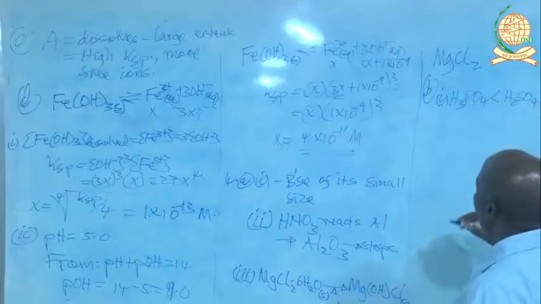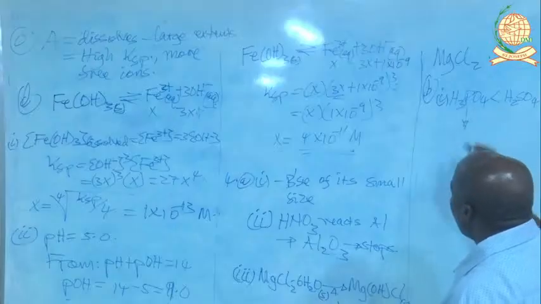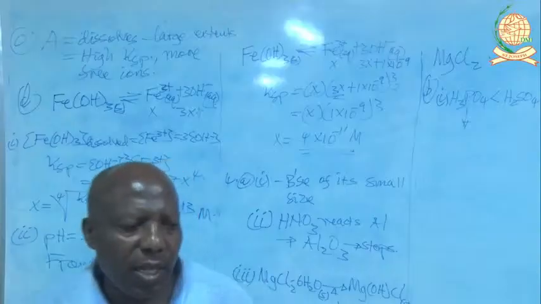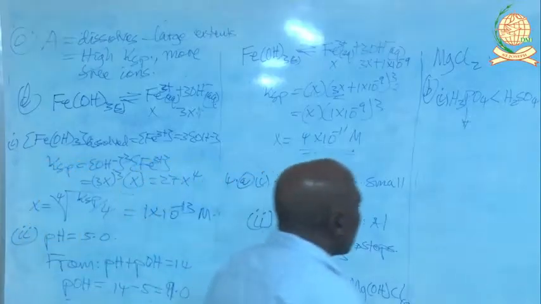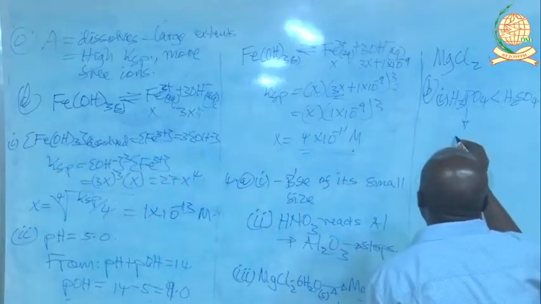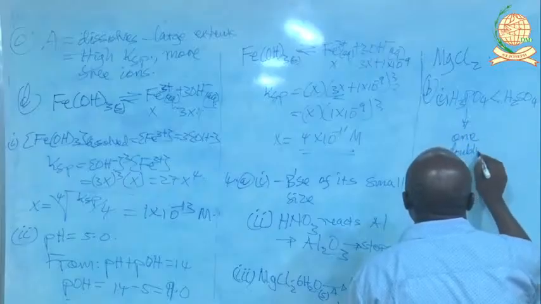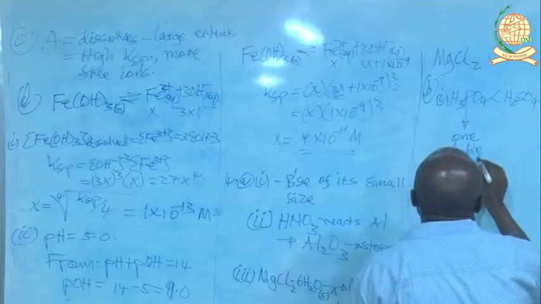Why? Because the acid contains double bonds, and then it becomes stronger. This one contains only one double bond.